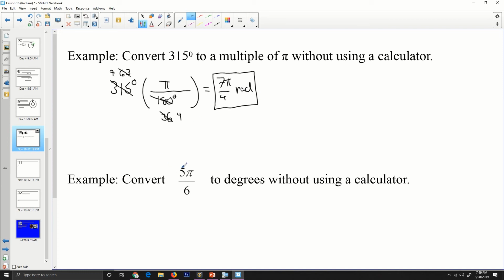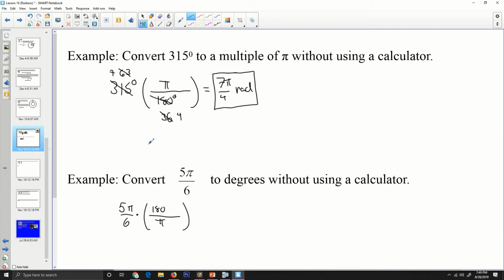And then if we want to convert 5 pi over 6 to degrees without using a calculator, we'll do something similar. We'll say 5 pi over 6, and this time we'll use the reciprocal of the conversion factor, 180 over pi.